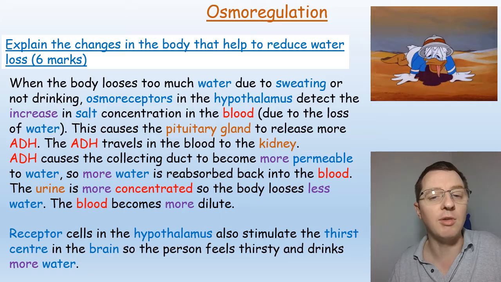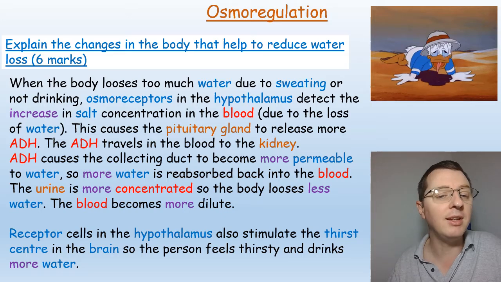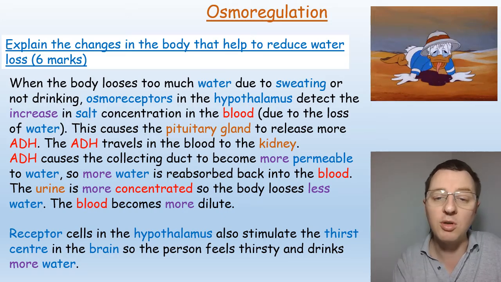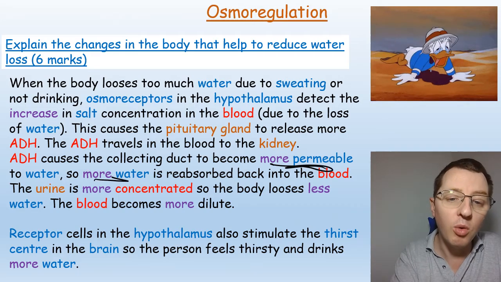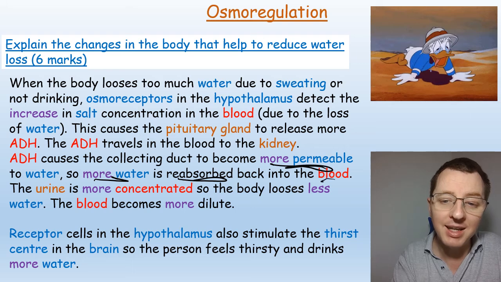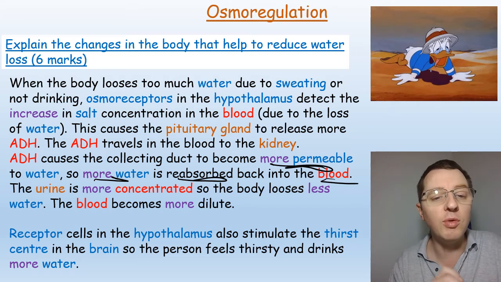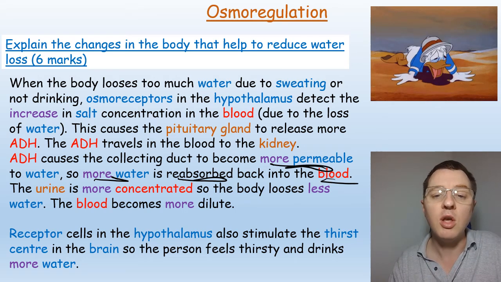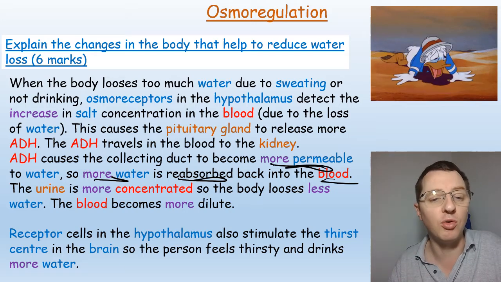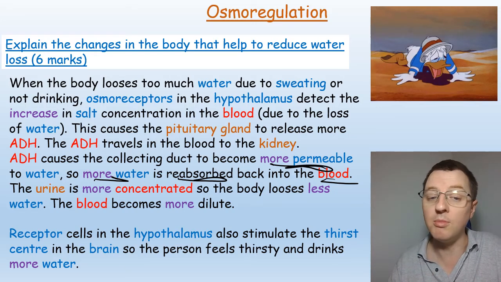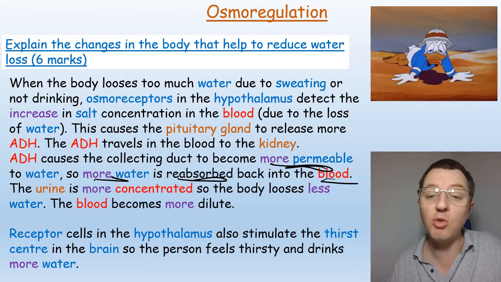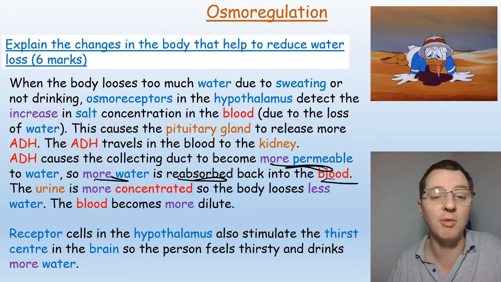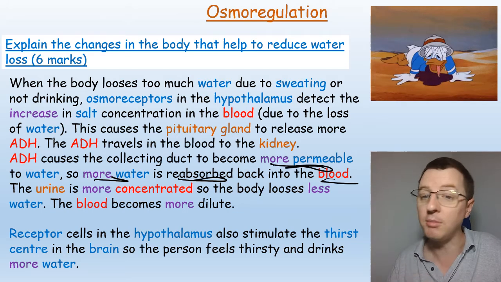The ADH will travel in the blood to the kidney, and ADH causes the collecting duct to become more permeable to water, so more water is reabsorbed back into the blood. The urine is more concentrated, so the body loses less water and the blood will become more dilute. Receptor cells in the hypothalamus will also stimulate thirst centers in the brain, so the person will feel thirsty and drink more water.